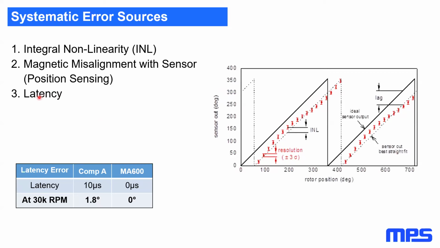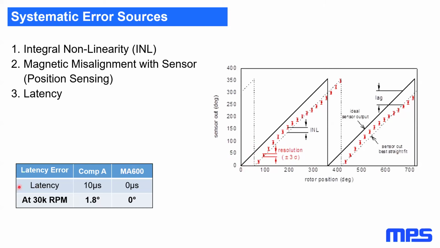Latency is a little more tricky because you have to know the speed of the rotation to know how to calibrate out the latency. So if you know the time constant of the latency, the error in degrees will be dependent on the speed of the sensor.